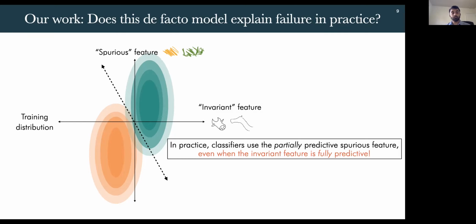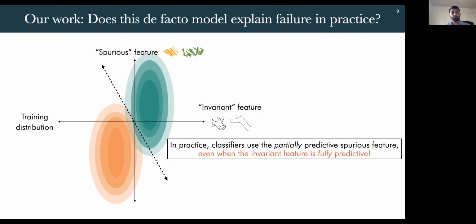Then I'm going to imagine how the Bayes optimal classifier will respond to that. What you'll see is that in this Gaussian distribution setup, when I make the invariant feature fully predictive of the label, the Bayes optimal classifier will converge to the classifier that uses only the invariant feature. Or in other words, your classifier succeeds. It doesn't actually use the spurious correlation.